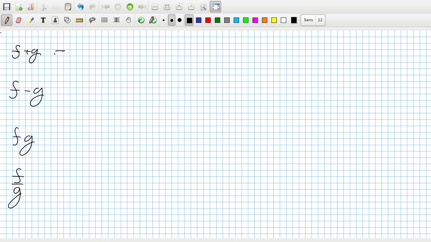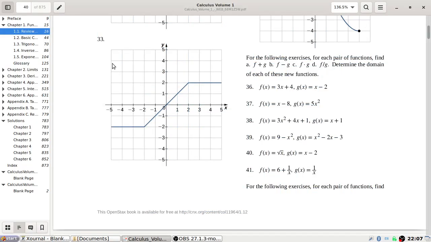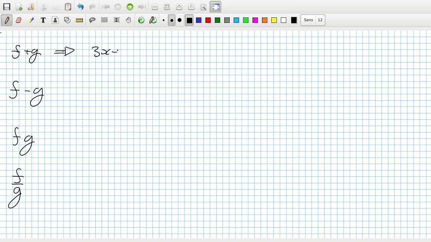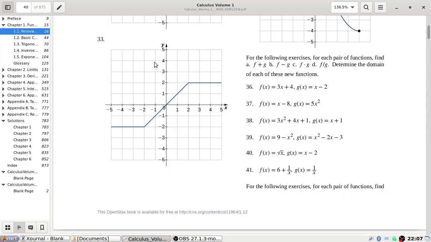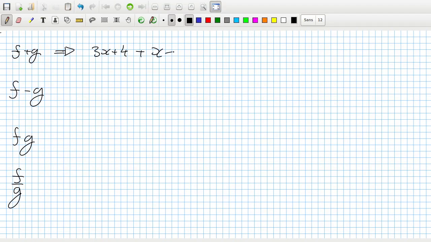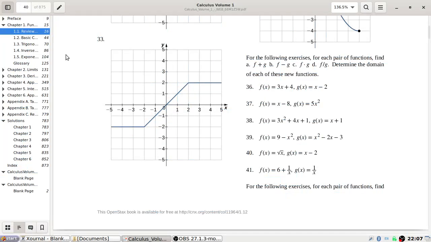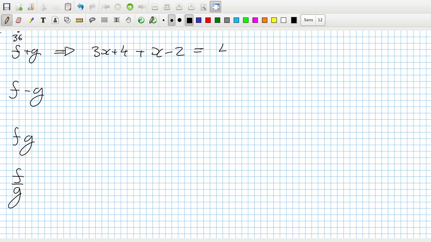Okay, so let's add them together. 3x plus 4 plus x minus 2. That's equal to, oh, which question is this? 36. That's equal to 4x plus 2.